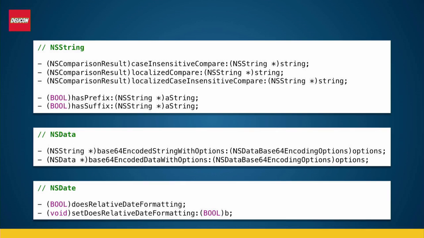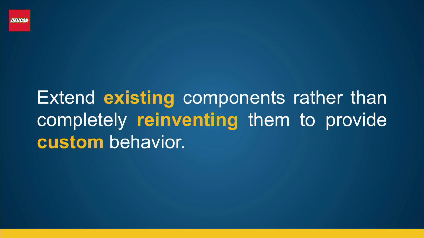But then we want to provide custom functionality. Well, in the event that we want custom functionality, it's better to extend what exists rather than reinventing it from scratch. That will enable us to gain custom functionality while leveraging what's already been done and all of this energy and knowledge that's been available.